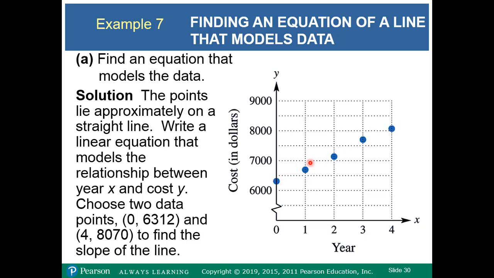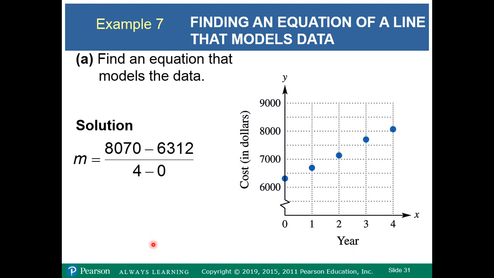So we're going to use the points (0, 6312) and (4, 8070), and find the slope of the line that connects those 2 points. Using our slope formula, we get a slope of 439.5.